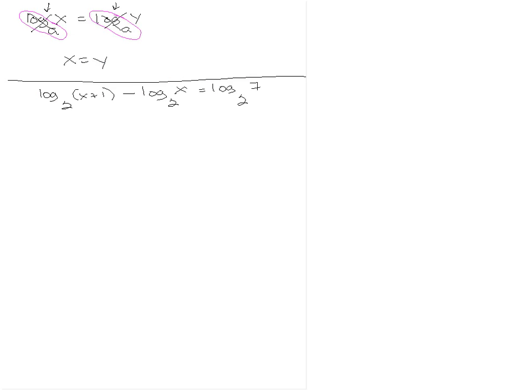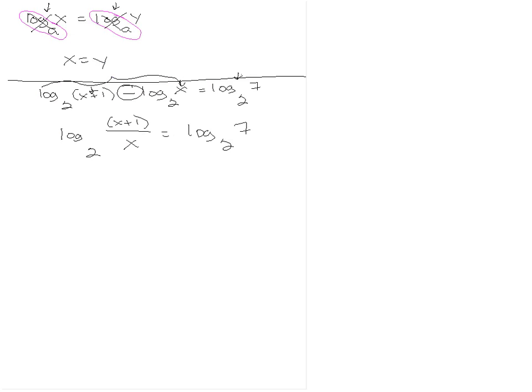I have 2 logs equal to a single log. But do I know how to take 2 logs that are being subtracted and smush them together into a single log? Yes, you do. If it's subtraction, it becomes division. This divided by that equals log base 2 of 7.